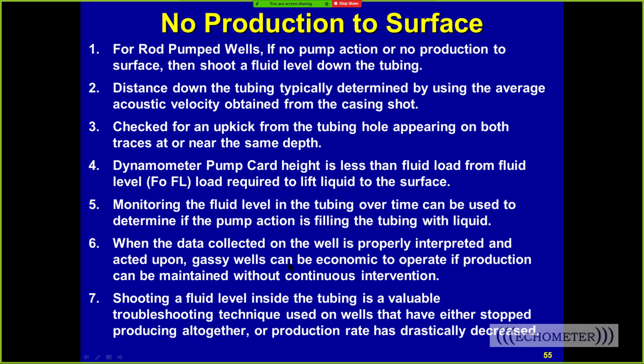So the acoustic instrument can be a way to check and see that, yeah, my well is pumping now, I'm pumping liquid up the tubing, I must have blown the liquid out with too much gas up the tubing, I need higher back pressure. So this is something that you can use as part of checking out your gassy wells.